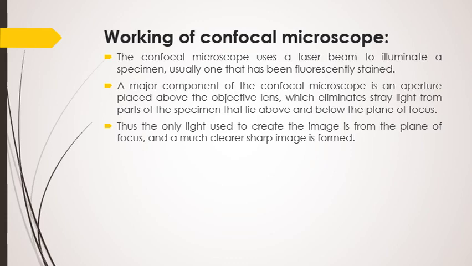This is further elaborated and illustrated by the tutorial attached below in this lecture. So the only light used to create the image is from the plane of focus, and a much clearer and sharper image is formed. So here we have the tutorial.